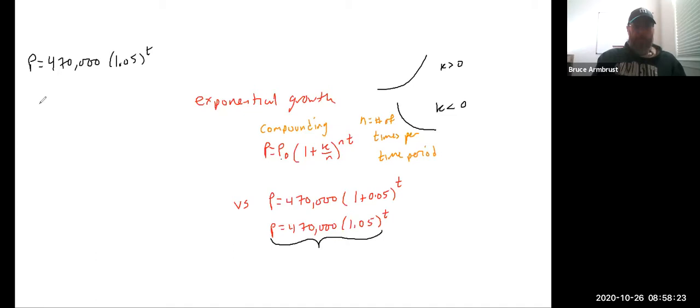We want P prime. So the 470,000 is a constant multiple. But now we need to differentiate 1.05 to the T. So that's A to the T. So what's the derivative of A to the T? Does anyone remember?